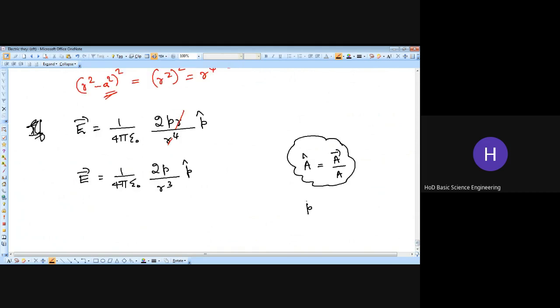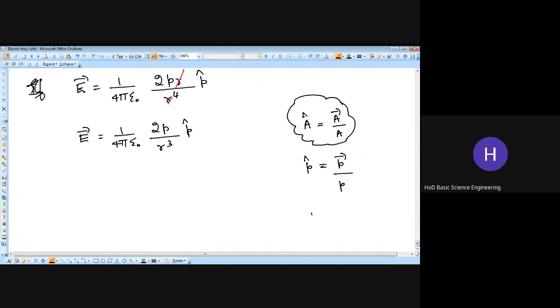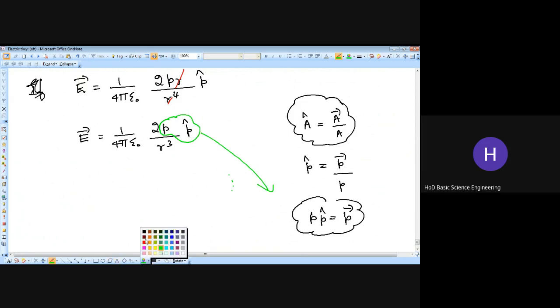Therefore, here the unit vector in the direction of dipole moment can be written as vector P divided by magnitude of P, or magnitude of P into P cap can be written as vector P. So P into P cap can be replaced by vector P. With that, we get the final expression for electric field.